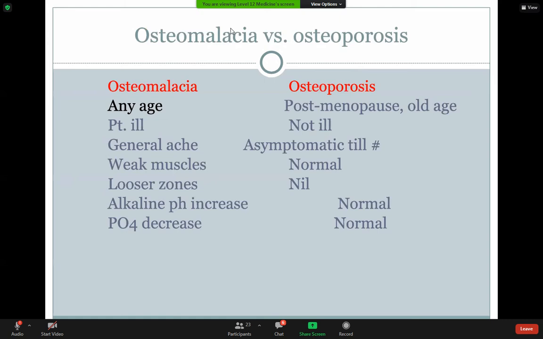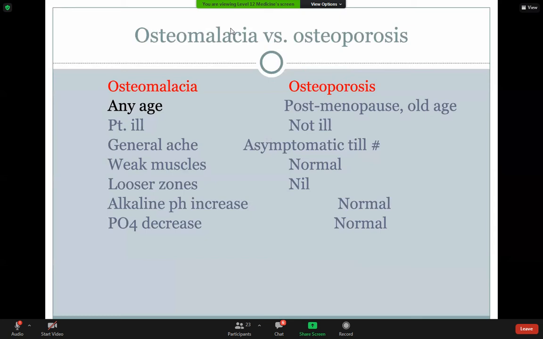So what's the difference between osteomalacia and osteoporosis? Osteomalacia can happen at any age. The patient is ill, they have general aches, weak muscles, looser zones on the x-ray, they have high alkaline phosphatase, and decreased phosphate in the serum.